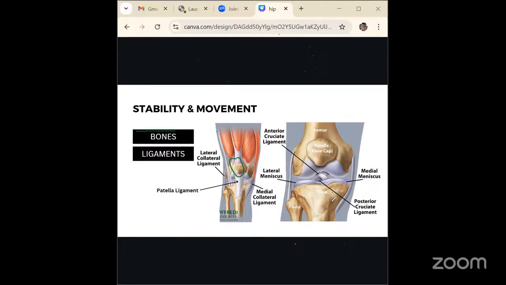Let me use this diagram. Can you see these 2 places I'm marking now? Yes. This place is the lateral epicondyle of the femur, and this is the fibula, the lateral aspect. This is the medial epicondyle of the femur, and this is the medial condyle of the tibia.